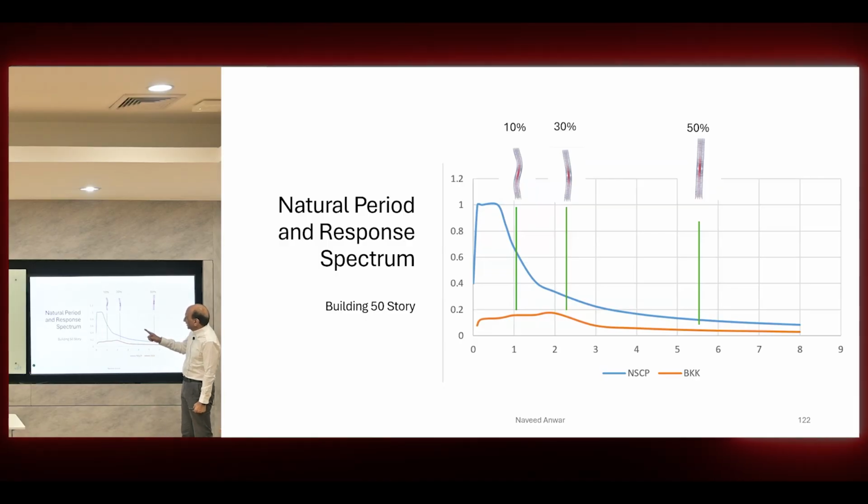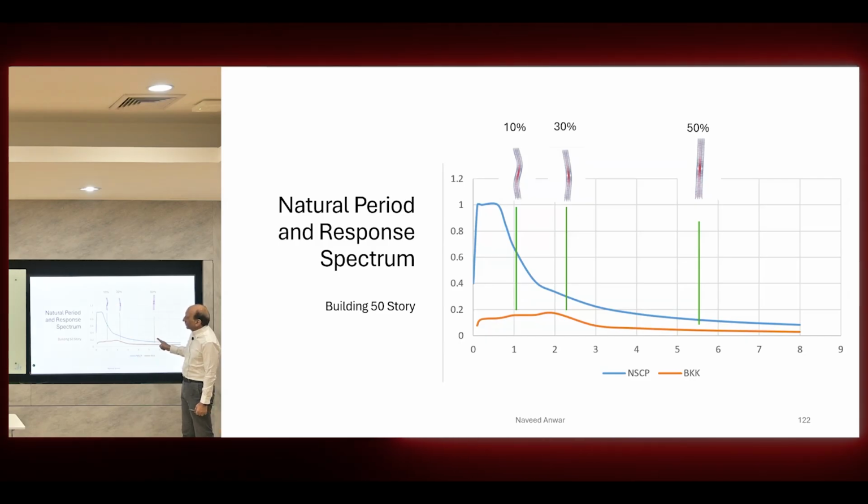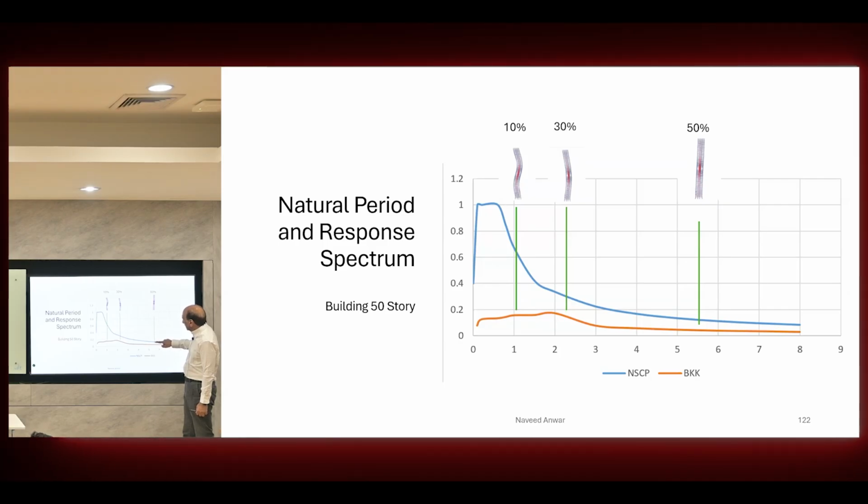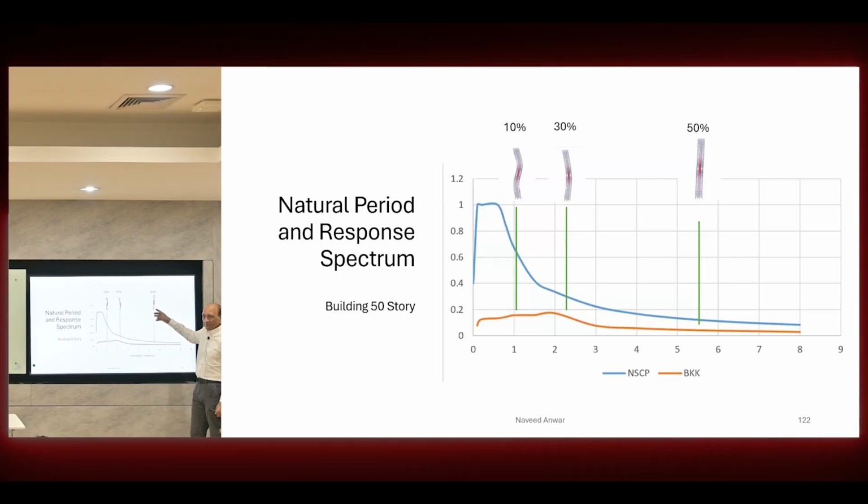But the important thing is here. Let's say this is the first mode, 5.6 seconds for a 50-story building, and the spectral ordinate is very small, 0.1 something. So 50% of the mass will be multiplied by the 0.1 ordinate to get the force.